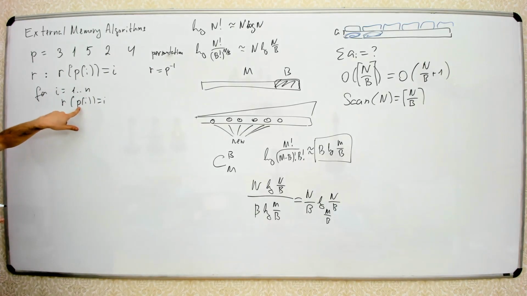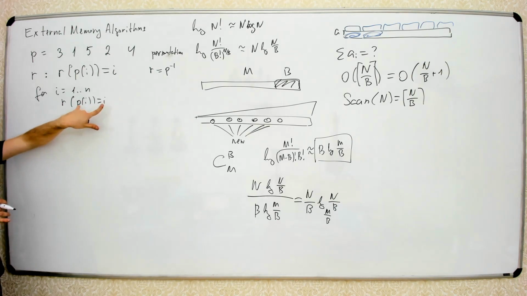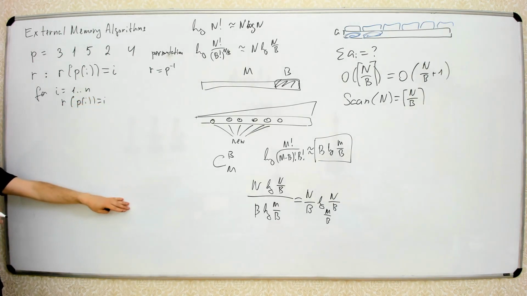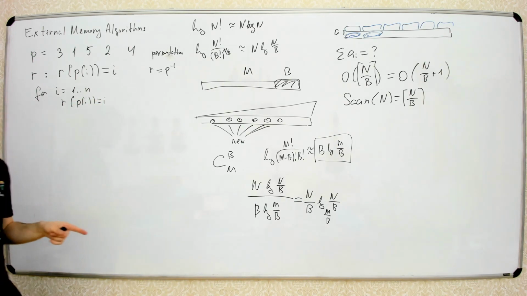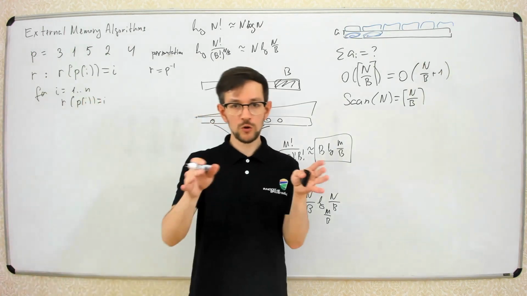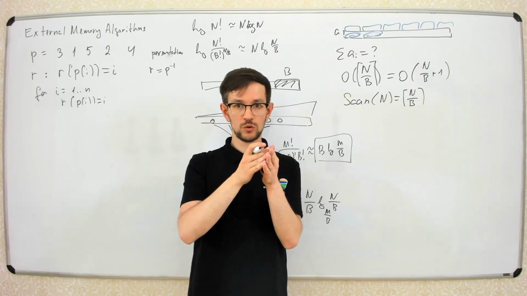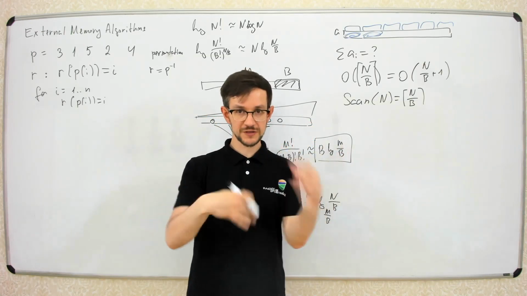I want to access the element with index P[i]. I want to make all these operations in sequential order. So I will put all these operations into a list of operations and then sort this list.